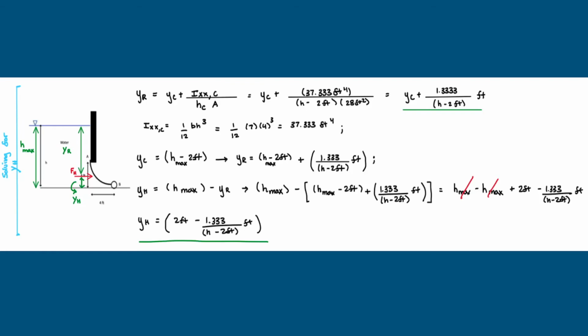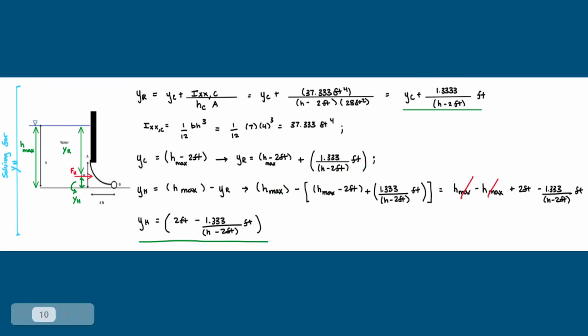We can now solve for IXX,C, which will give us a value of 37.333 feet to the 4th power, right here. Now we can plug this back into our YR equation. We get YC plus 37.333 feet to the 4th over (H minus 2) times 28 feet squared. I went ahead and simplified this down below.